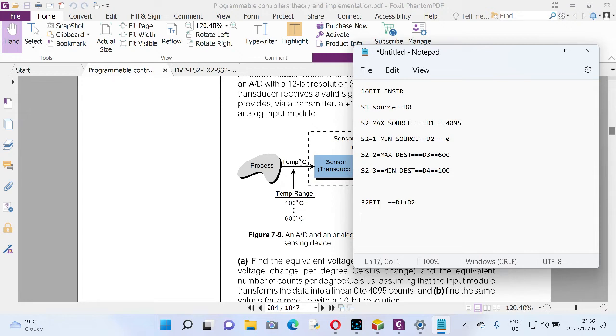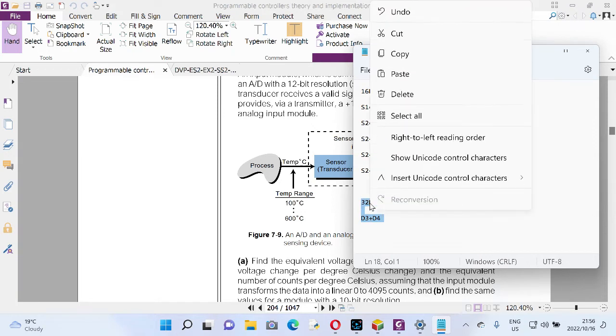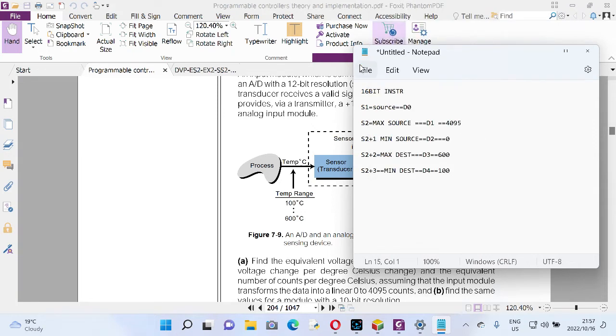So the next max source will be taking D3 and D4, because we are dealing with 32-bit, so we combine the registers. Just ignore this, I'm just explaining to people who already know this kind of stuff, but just stick to this. And then we go back to whatever we are working with.